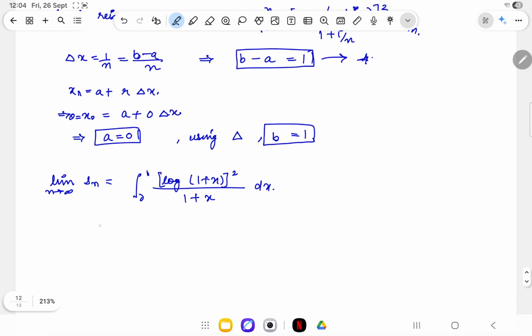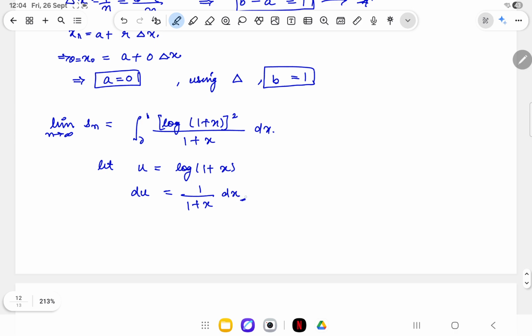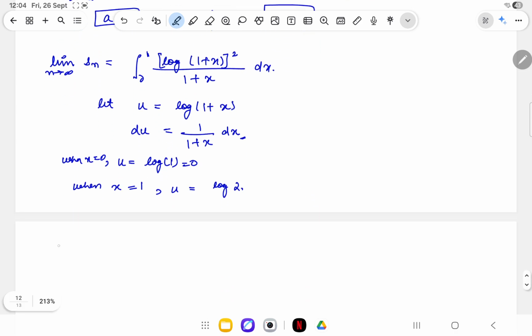Now to solve it, let us assume that u is equal to log of 1 plus x. Now if you take its derivative, it will be 1 by 1 plus x into dx. So using these relations, if you change the limit, when x equals 0, u is equal to log 1, that is 0, and when x equals 1, u equals log 2. So let's just reduce it.